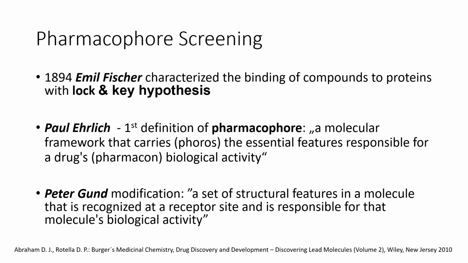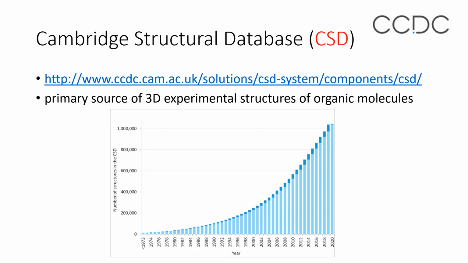However, Peter Gund modified the definition of pharmacophore as a set of structural features in a molecule that are recognized at the receptor site and are responsible for the molecule's biological activity. This is, in my opinion, the best definition of pharmacophore or pharmacophore model.